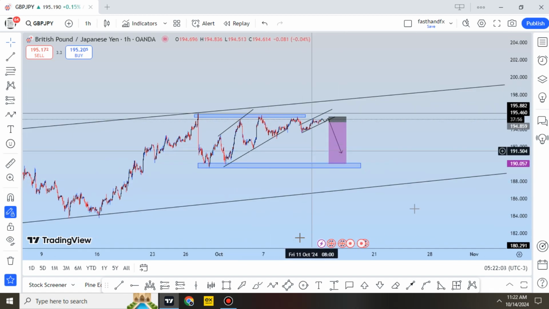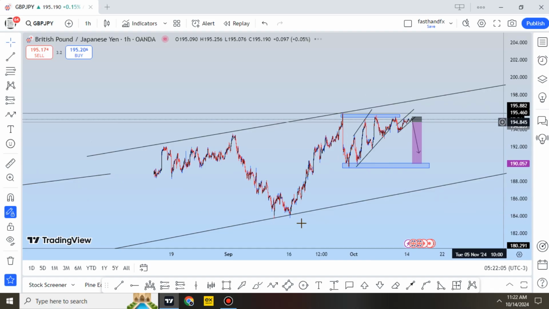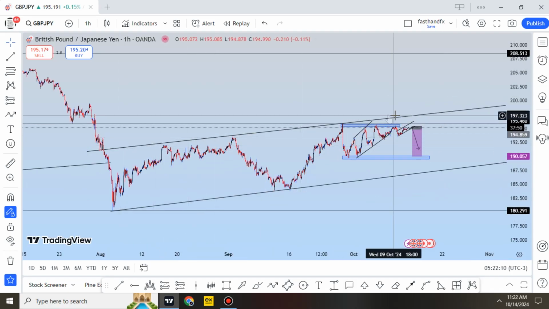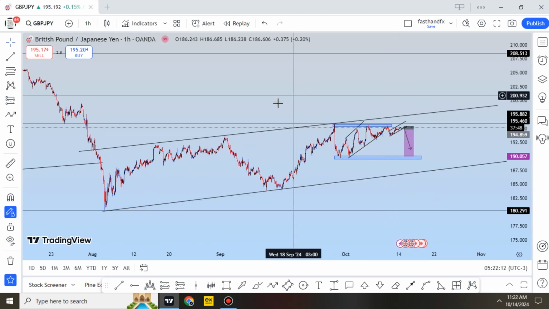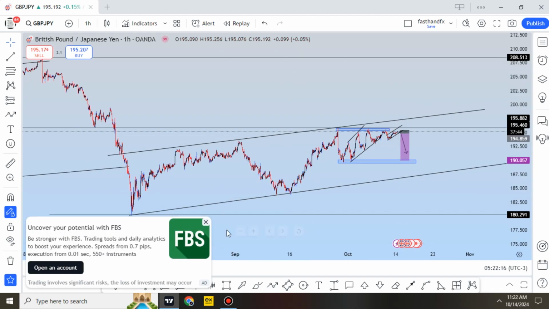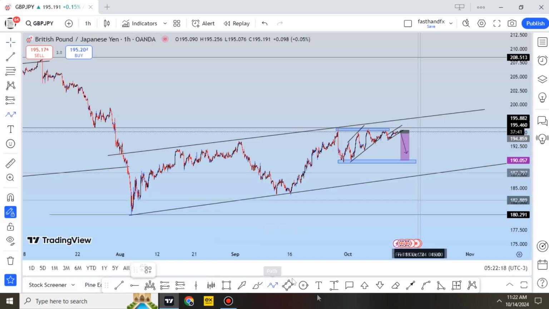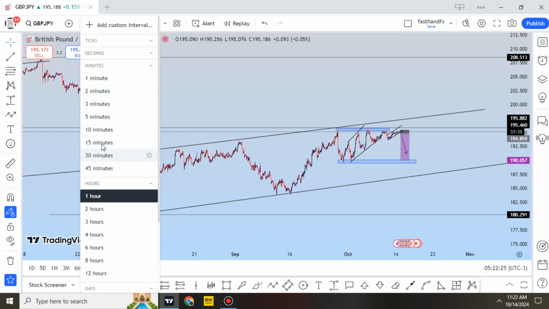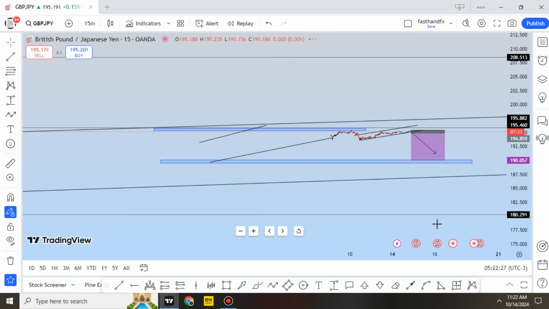bearish side. Now talking about bullish, for now I think we're still kind of in this trend resistance right here. So taking a buy for me on GBP/JPY might be somehow crazy unless I'm looking for a scalp. Let me see. Maybe this and this. Okay, let me go to the 15 minutes right here.